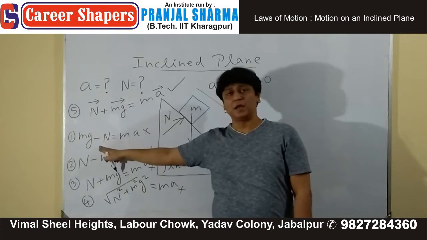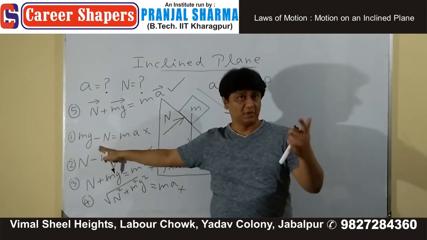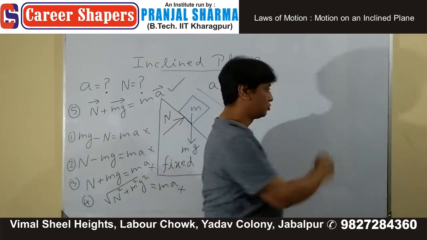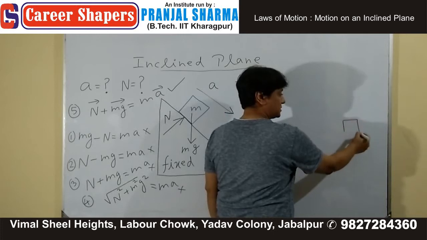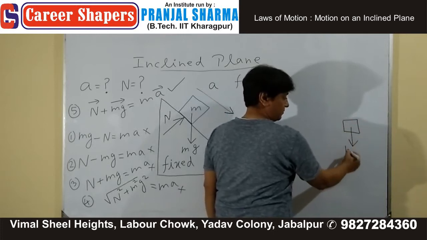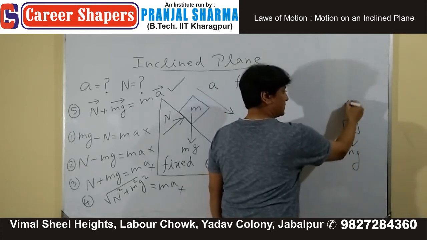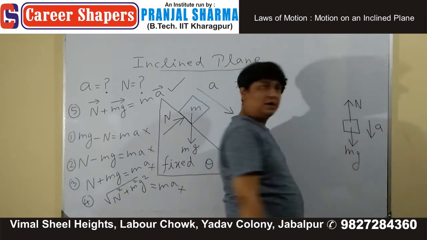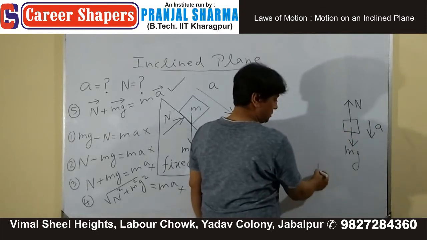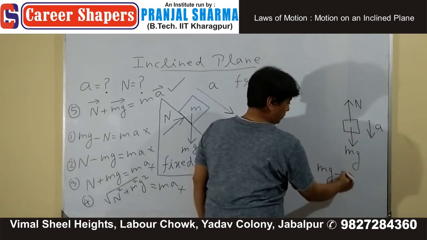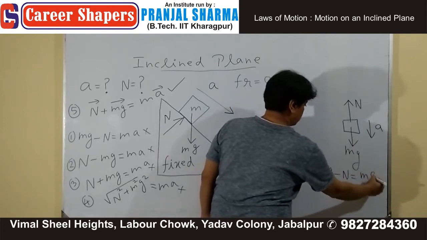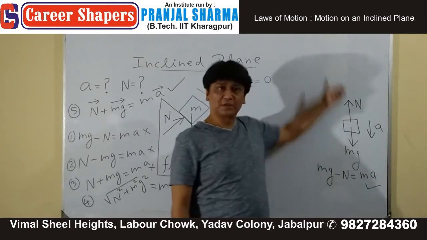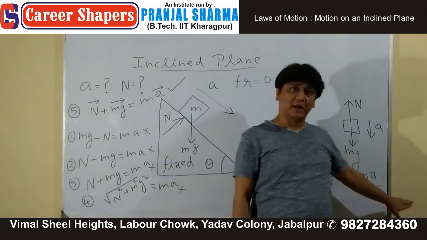ये काम नहीं करेगा. क्यों? बताया मैंने आपको. अगर N और Mg इस तरह से कुछ होते कि Mg नीचे लग रहा है, N इस तरफ लग रहा है, बॉडी नीचे जा रही है, in such a situation we use this equation in this form. That is, if all the forces are acting along the same line, then only we write like this.